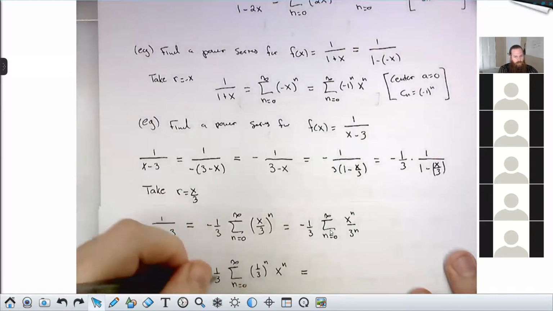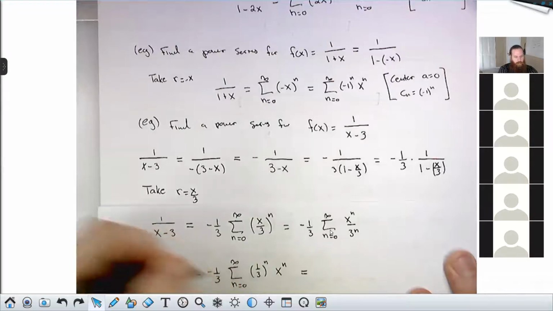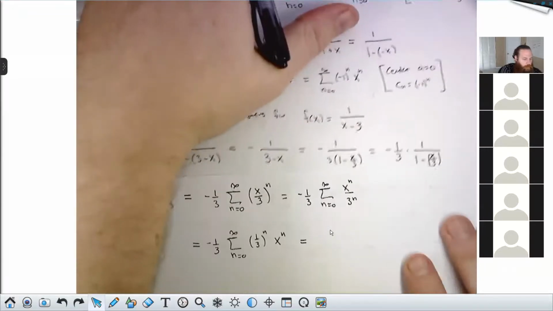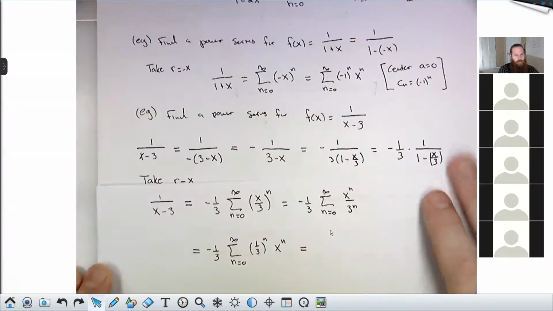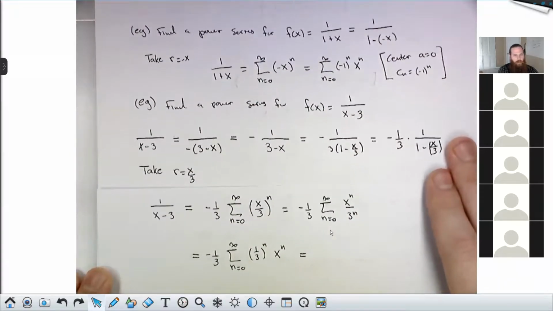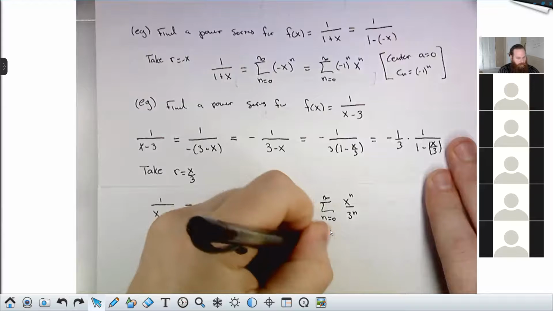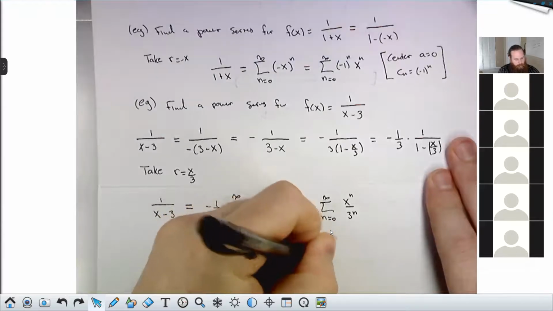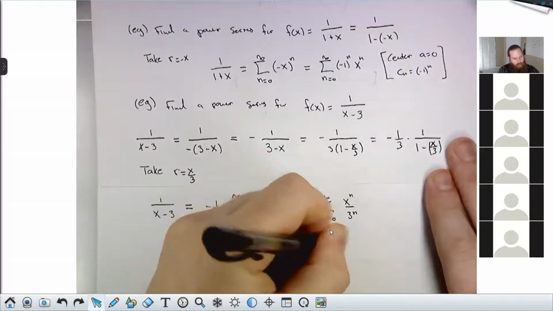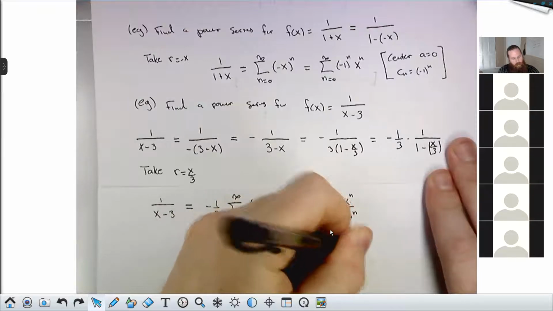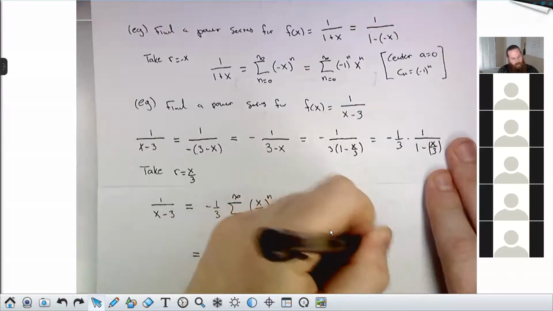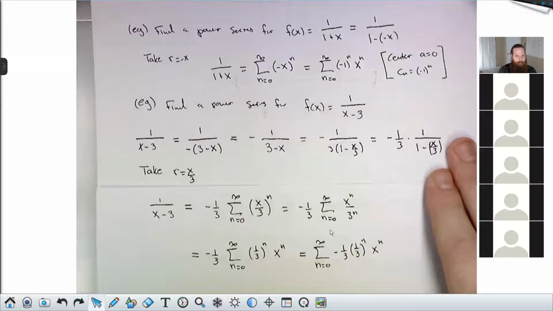He doesn't have any n's, so he can come and go from the series as he chooses. This is a constant multiple. Remember, the rules for the sigma operator are the same as for an integral. The constants can come in and out. So this will be sigma n from 0 to infinity, negative 1/3 times 1/3 to the n times x to the n.